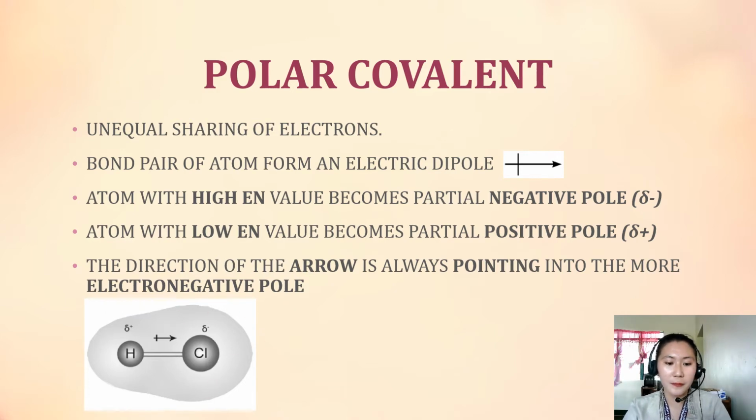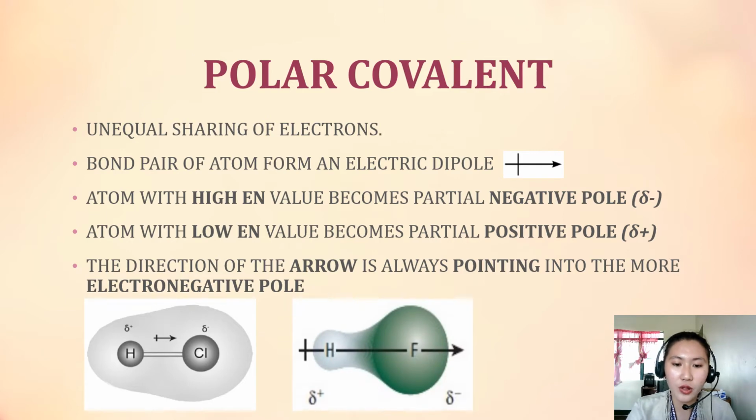Okay, got it? Next, another example, we have here hydrogen and fluorine. So, hydrogen has an electronegativity value of 2.1 and fluorine has an electronegativity value of 4.0.